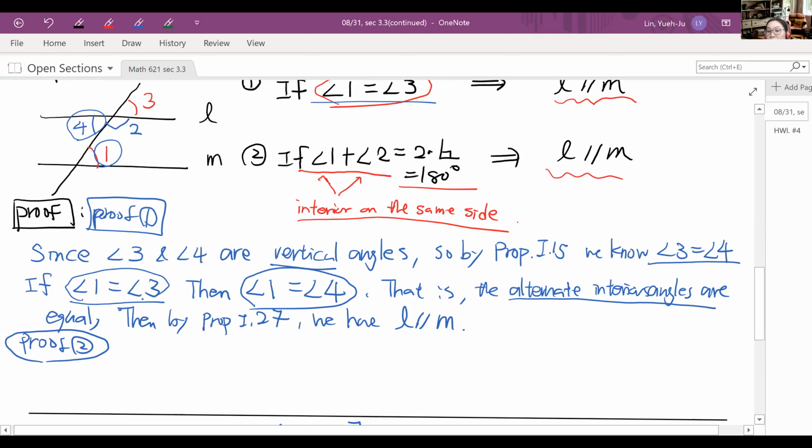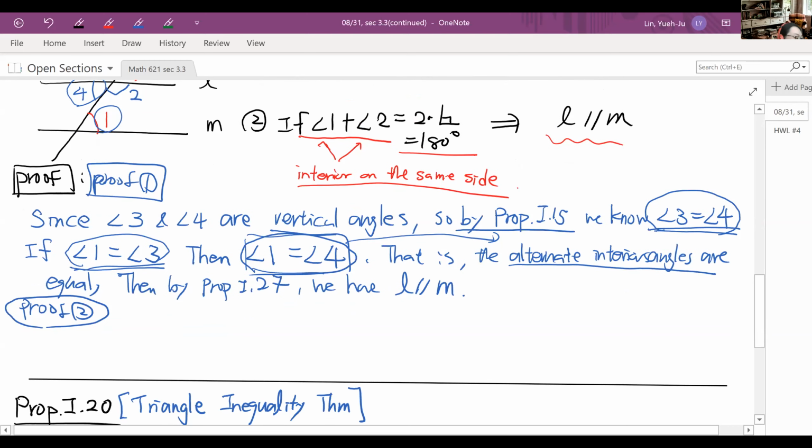That's the assumption. And by proposition 1.15, we know 3 and 4 are vertical angles, so they're equal. Using 3 equals 4 and 1 equals 3, we get 1 equals 4. They're alternate interior angles, so that's why it's the same thing as having equal alternate interior angles. Okay, thank you.